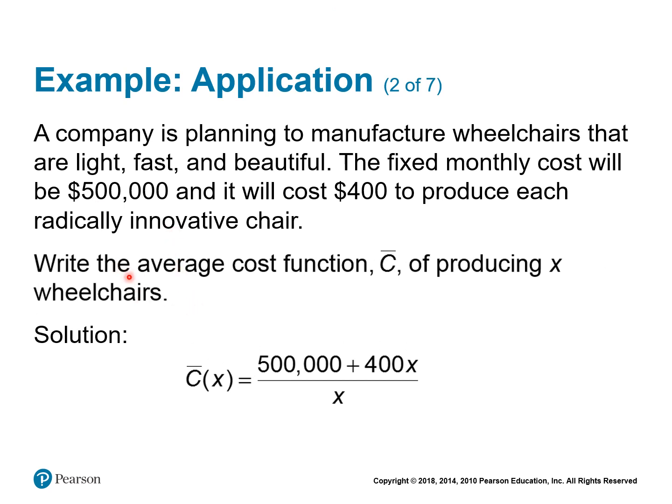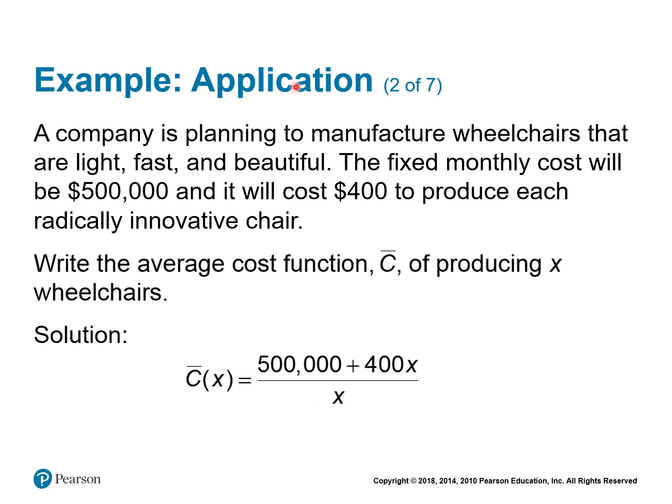The second part of the question says write the average cost function C bar, which means average cost, of producing x wheelchairs is 500,000 plus 400 times x divided by x, all right?